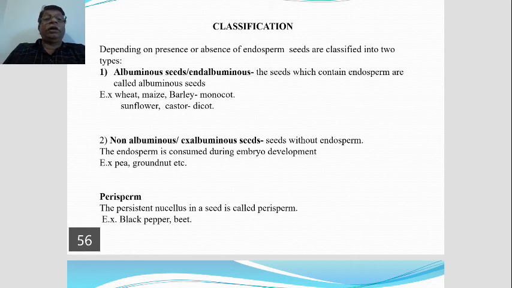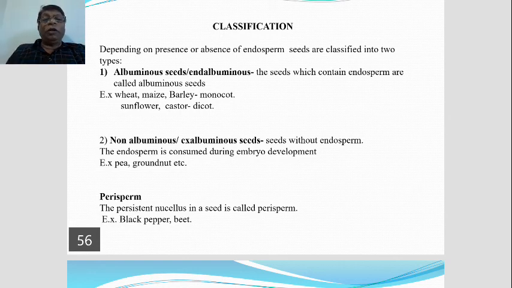Non-albuminous seeds, or we call exalbuminous seeds. The seeds without endosperm are called exalbuminous seeds or non-albuminous seeds. You know why the endosperm is absent in these seeds? Means the endosperm, the nutritive tissue, is completely utilized during the development of an embryo. That is why in these seeds we don't find the endosperm.